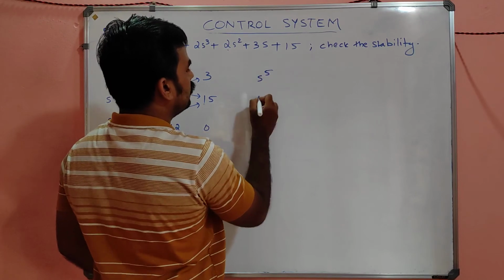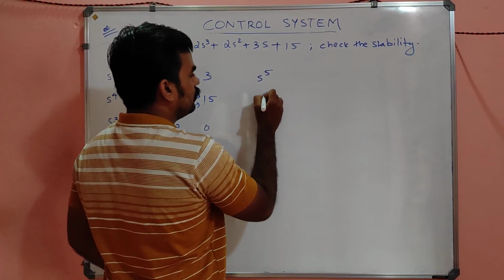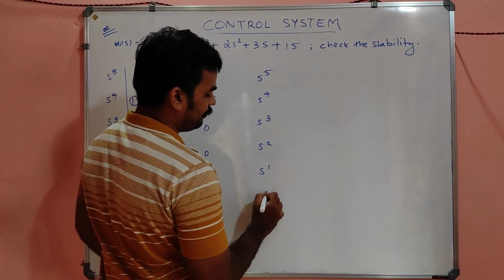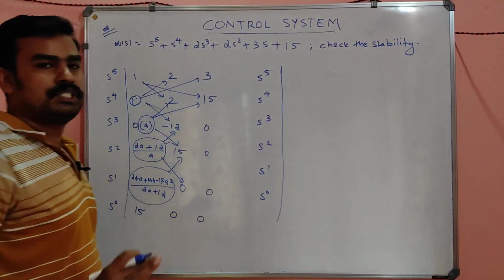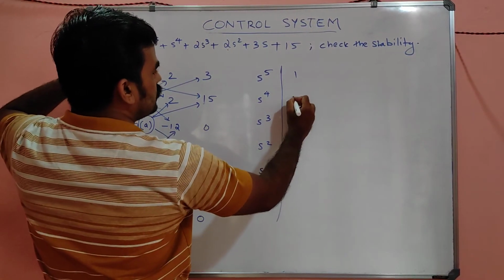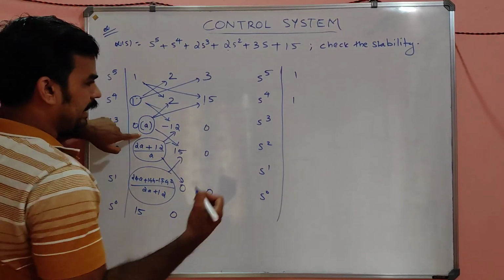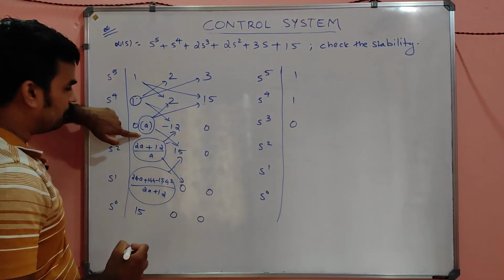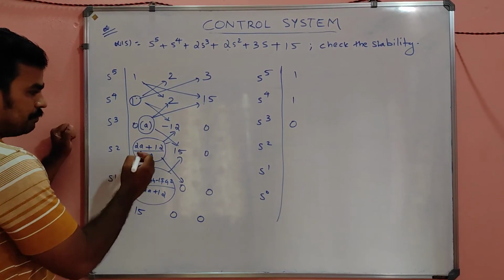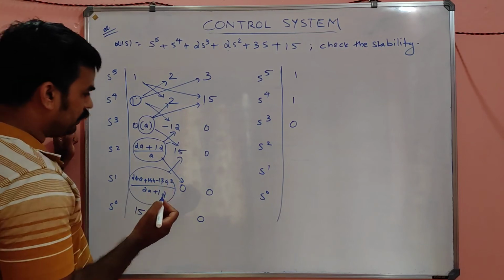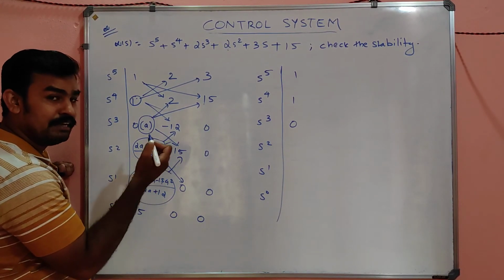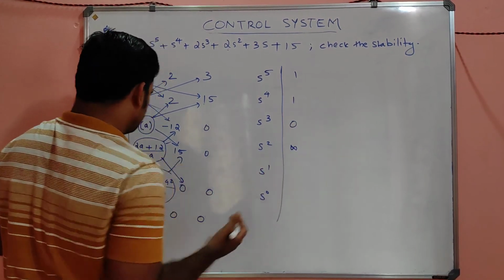Now you can again draw this root table once more, my dear, and just write the first column. First column is 1, second is also 1, third is a, which we imagined tends to 0. Substitute a equal to 0 here, my dears. So what do you get? 2 into 0 plus 12 divided by 0, infinity. Good.